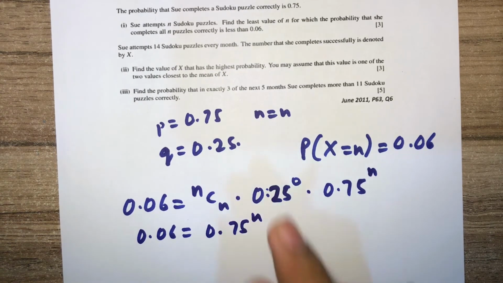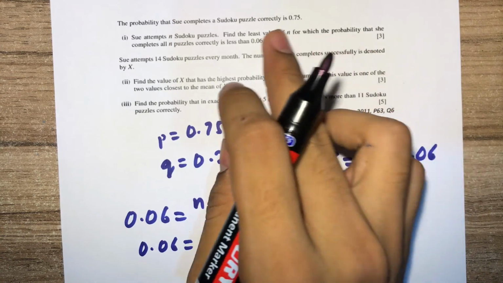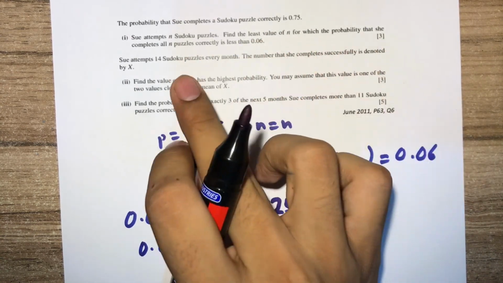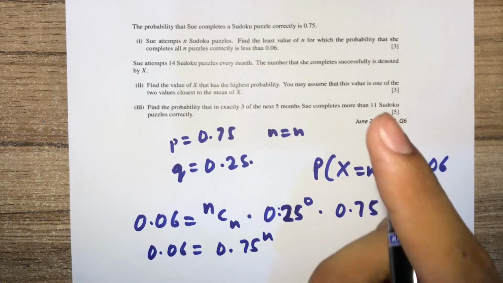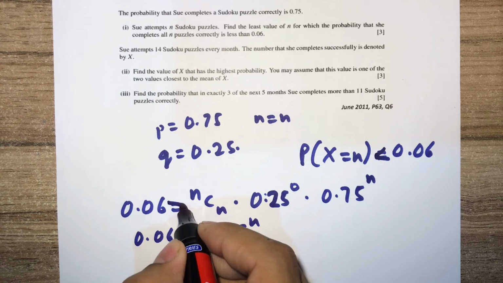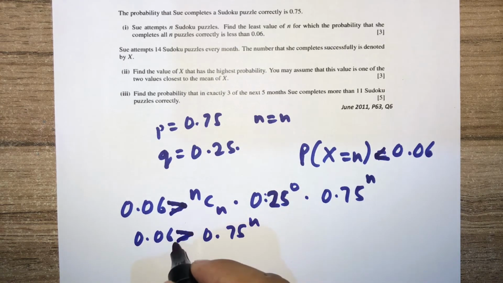Actually, one mistake I've done over here is that they had said to find the least value of n for which the probability that she completes all n puzzles correctly is less than 0.6. So this is less than 0.6.